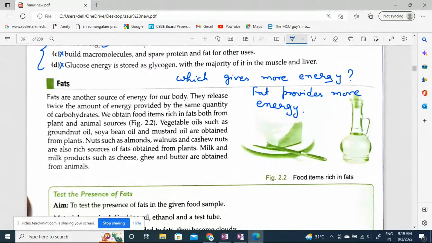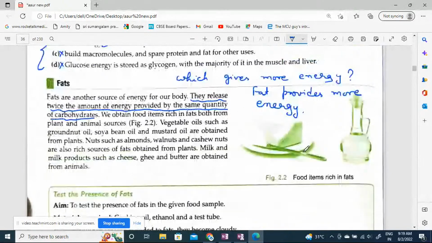They release twice the amount of energy provided by the same quantity of carbohydrate. If we take the same quantity of carbohydrate and fats, fats provide us more energy in comparison to carbohydrates. Okay.